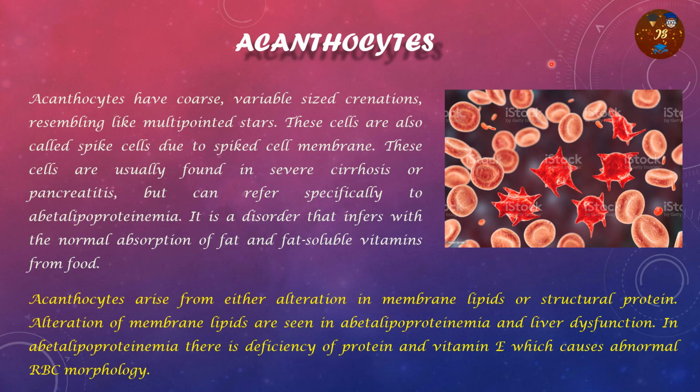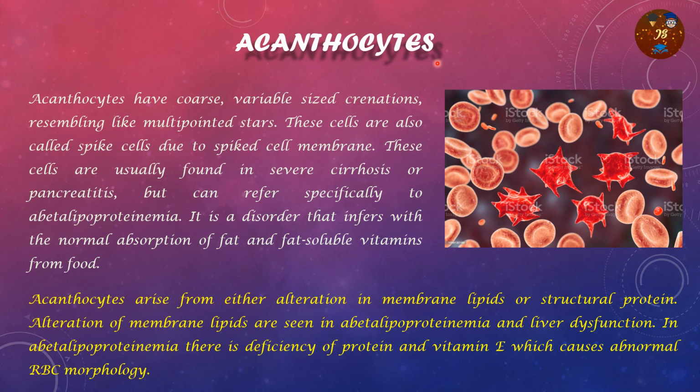Now these are acanthocytes, this type of cells, and these are normal RBCs. You can easily compare that this shape is not like the normal RBC, so this is called a poikilocyte, and the variety is acanthocytes.